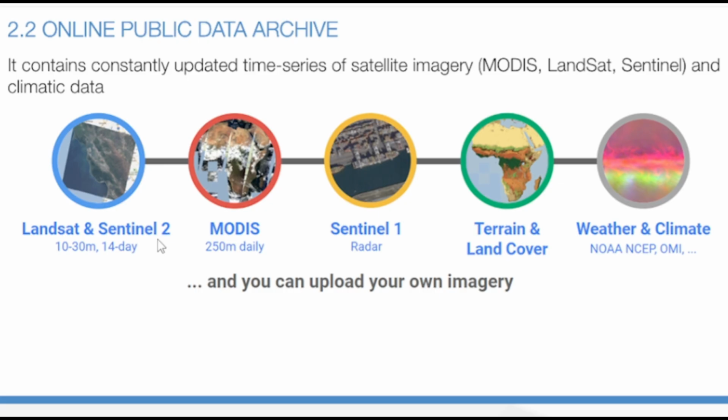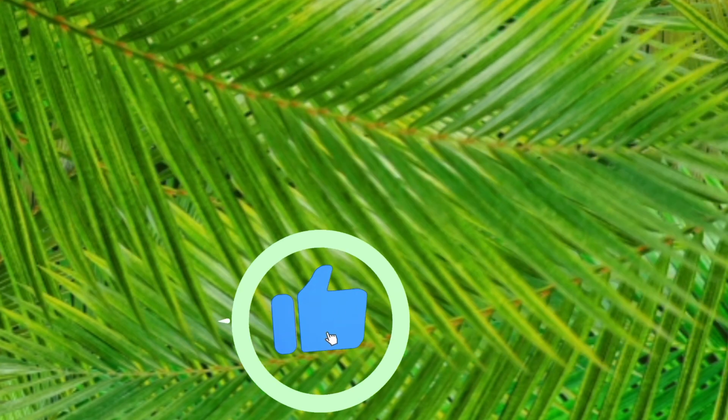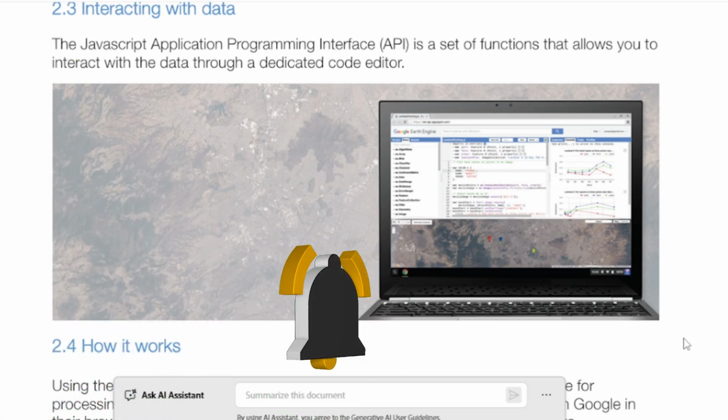Sentinel 2, 3, and 5 are also available. And you can use terrain and land cover data like digital elevation models, and weather and climate data, including GRACE.